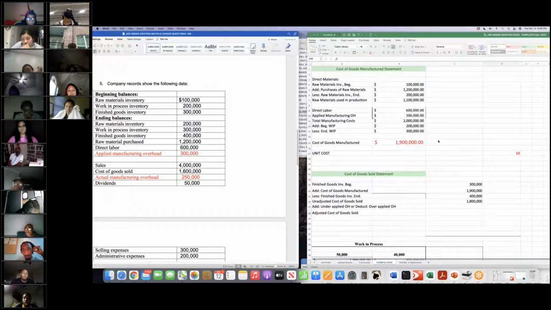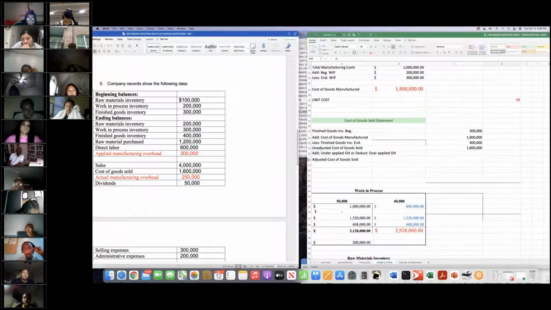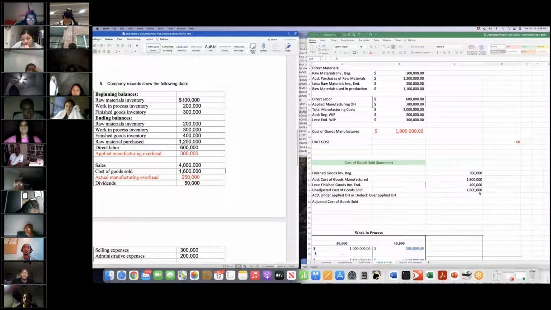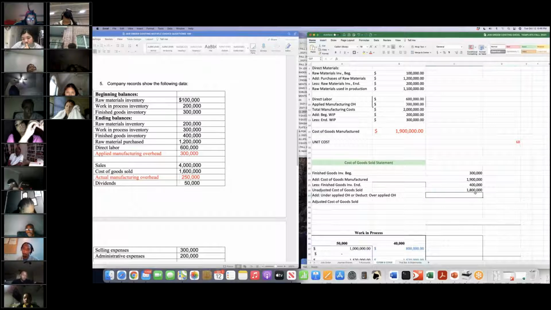Where's my information? Oh, I got it over here. In working with the problem, we had estimated the overhead was going to be $300,000. It was only $250,000, so that was too much. So we overapplied, we have to subtract.